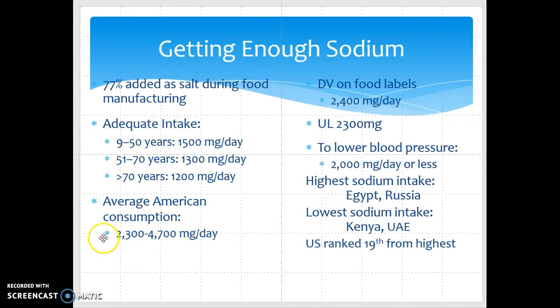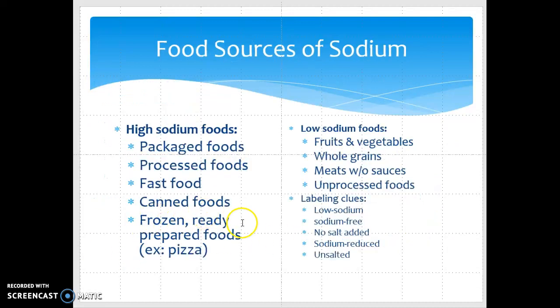The average American gets about 2,300 to 2,400 milligrams. That's pretty high. It just looks at different countries and where the lowest and highest sodium intake is around the world. So we want to make sure we know where sodium is. And it's usually in packaged, processed, fast food, canned foods, and ready prepared food. So if we want to lower our sodium content, we just eat more fresh fruits and vegetables, whole grains, meats, just plain meats, unprocessed foods.